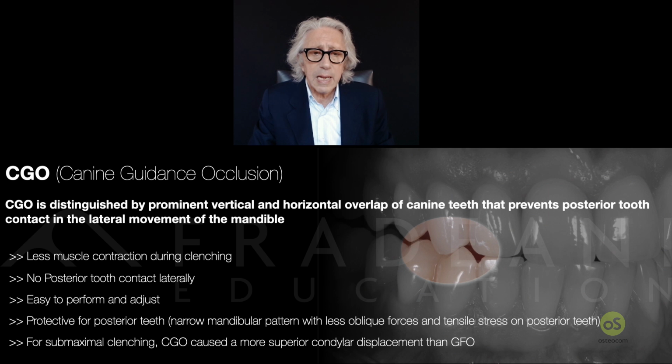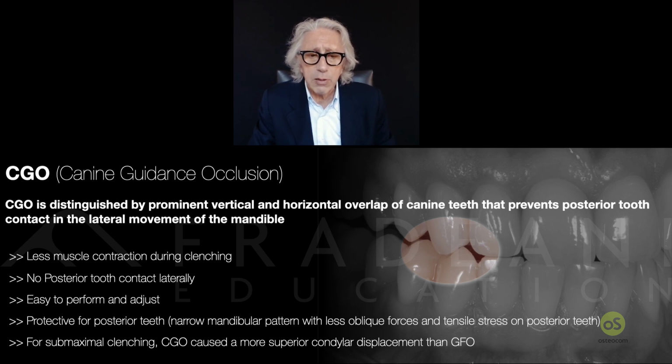So when you use canine guidance occlusion, you have at the end less muscle contraction during clenching and no posterior contact laterally. It's very easy to perform because you have to take care of one tooth only, the cuspid. But you have to remove all the other contacts, so you don't have to do very detailed changes. This means that it's easier.